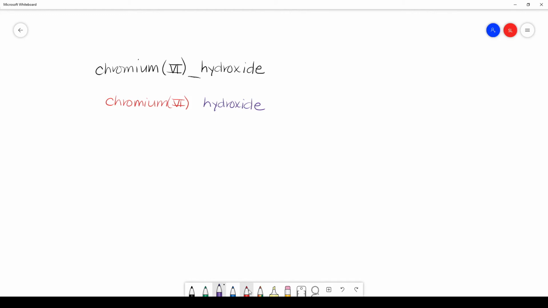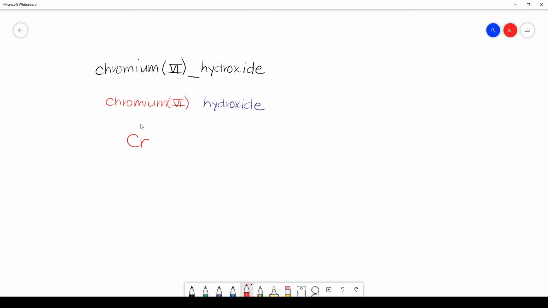Okay, so I'm going to do the same thing I did previously. My cation, my metal, is chromium, and that has the symbol Cr. And then I can run through that same list that I ran through a little bit ago for cation charges: group 1A, 2A, 3A, cadmium, zinc. And chromium doesn't fall into those categories.